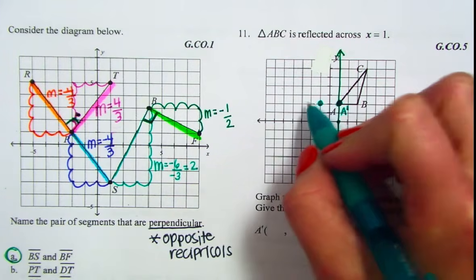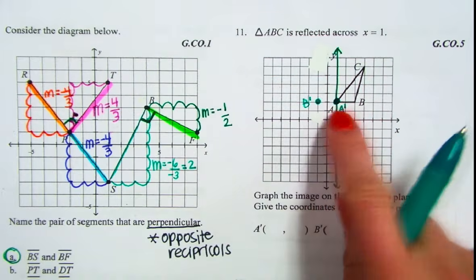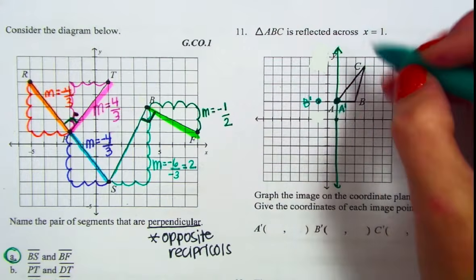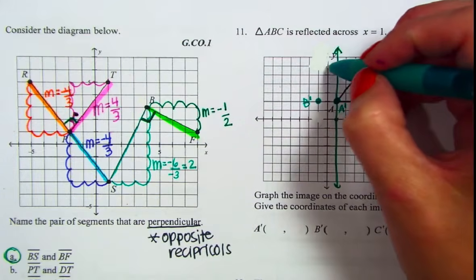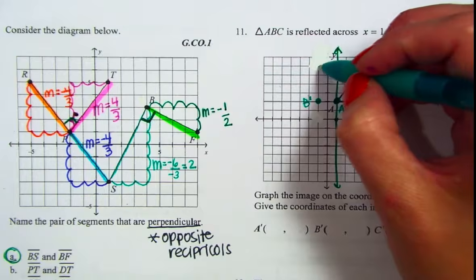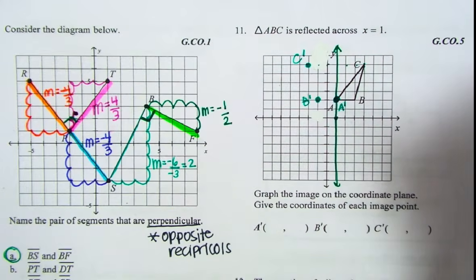So B prime is going to be 2 to the left of my line of reflection. Then we can do the same thing with C. C is 1, 2, 3 to the right, so it has to be the same distance when it's reflected over here to the left. And I make sure that I label my points.